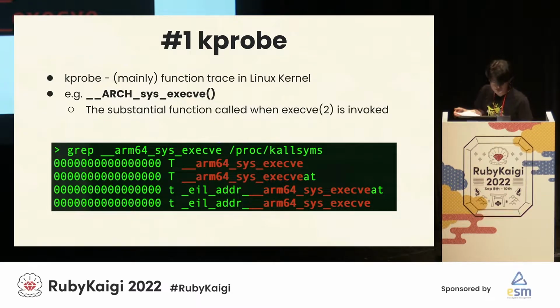For example, this __x64_sys_execve is the substantial function called in the kernel when the execve syscall is invoked.